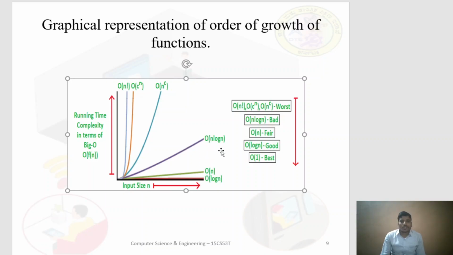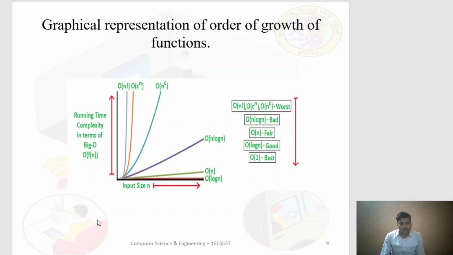After that, n log n, followed by this exponential function. This has a greater order of growth than this function. Similarly, the factorial function increases abruptly or drastically for very small input. So you can observe all the curves of the respective functions for the same input size. Okay, students.